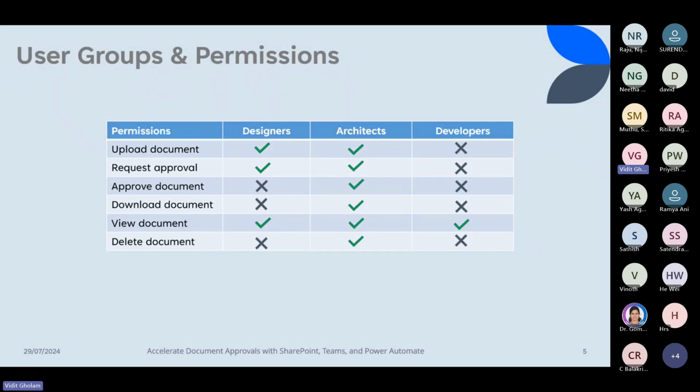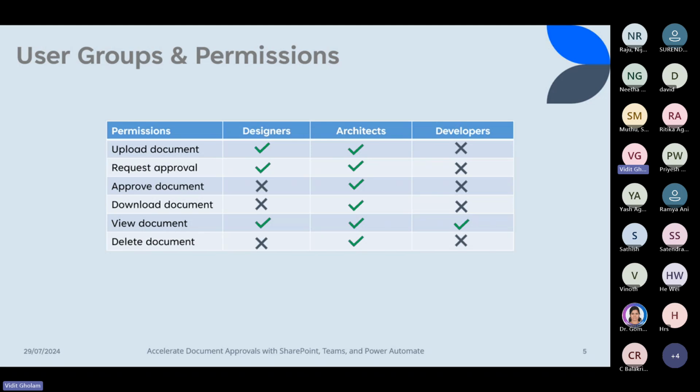They can upload documents, see any number of documents uploaded, reject, approve, download, and delete. On the developer end, the consumers of the documents can only view them, and only those approved by the solution architects.